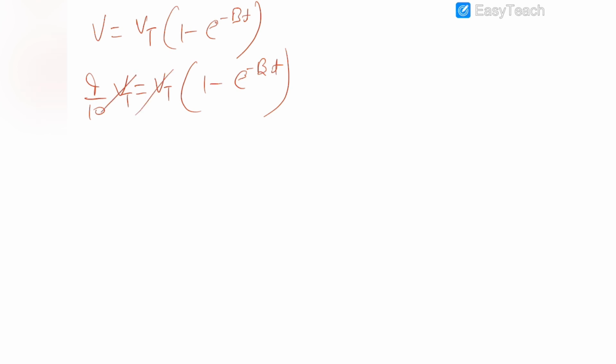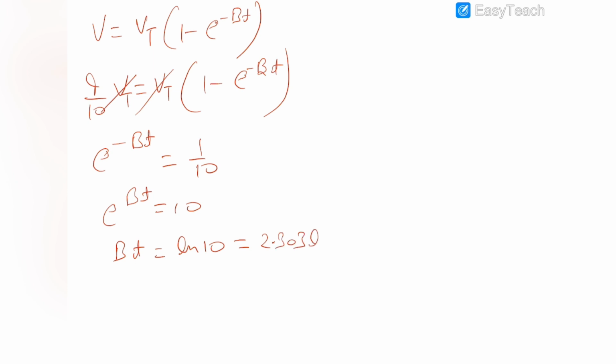So cancelling out vt, you can see that e to the power minus Bt is equal to 1 by 10, and e to the power Bt is equal to 10. So Bt is equal to ln 10. So ln 10 will be 2.303 log 10, and you all know that log 10 is 1. So time will be 2.303 by B.